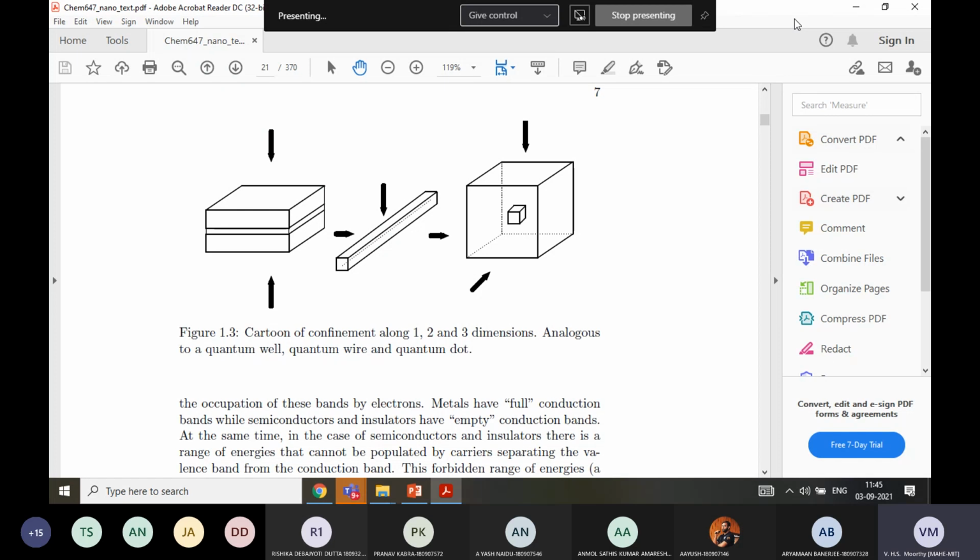So that's what we want to discuss. One thing more I will tell you. When we are discussing the conductivity property of a material, what will be the conductivity of the material?